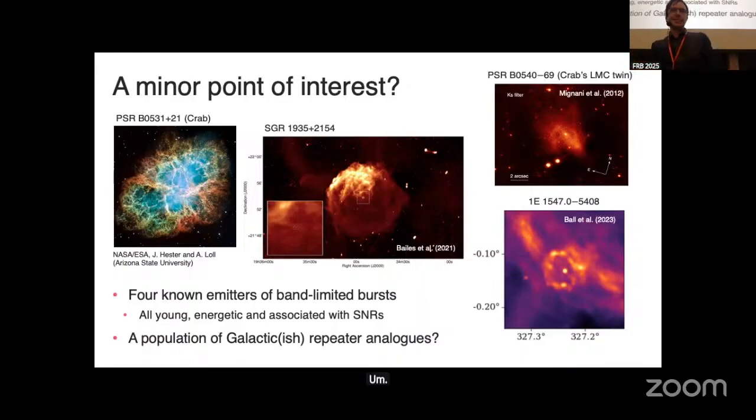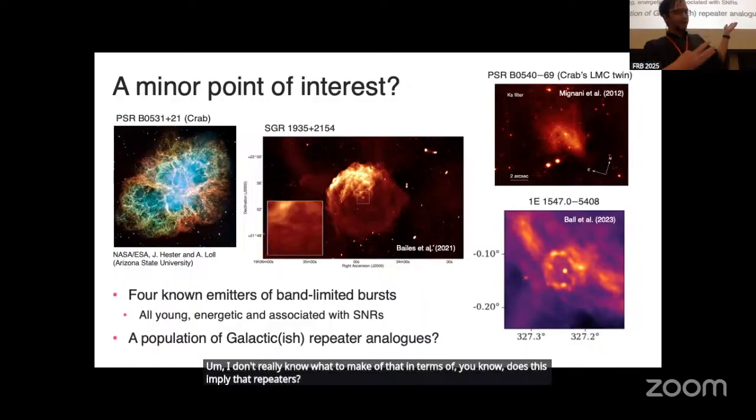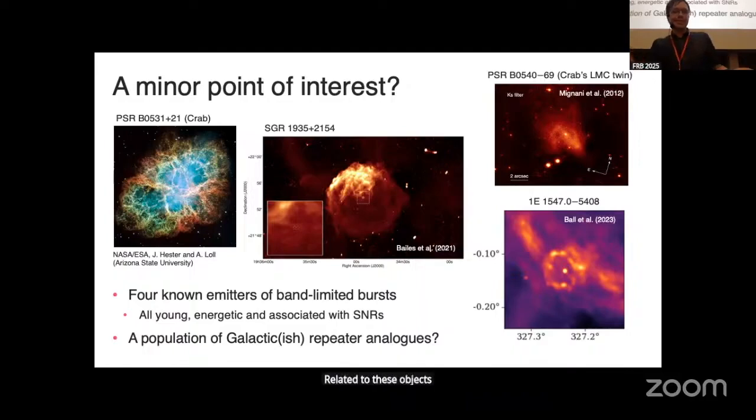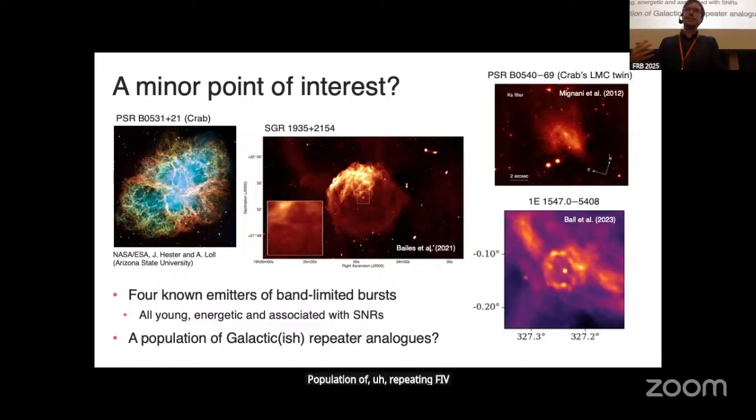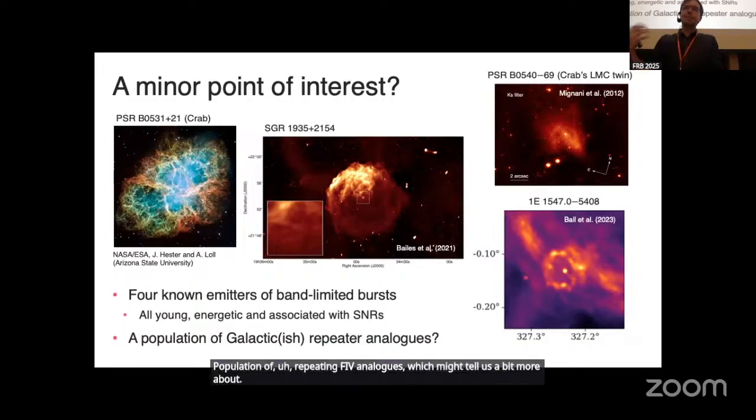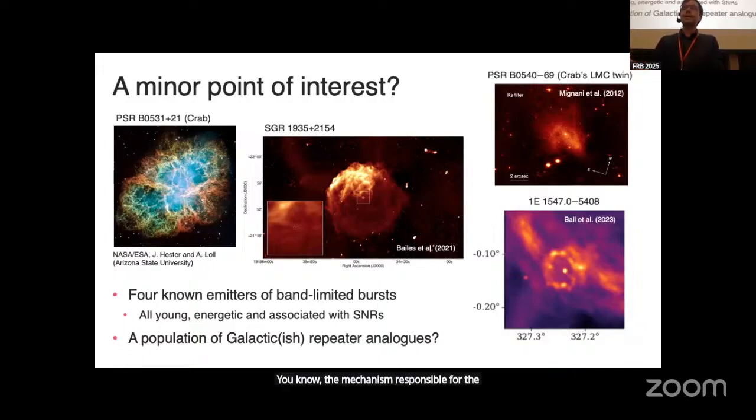I don't really know what to make of that in terms of whether this implies that repeaters are related to these objects. Maybe. But if that is the case, then we are starting to build up a small, at the moment, population of galactic-ish, B0540 is not in our galaxy, it's in the LMC, population of repeating FRB analogs, which might tell us a bit more about the mechanism responsible for the repeating FRB emission.